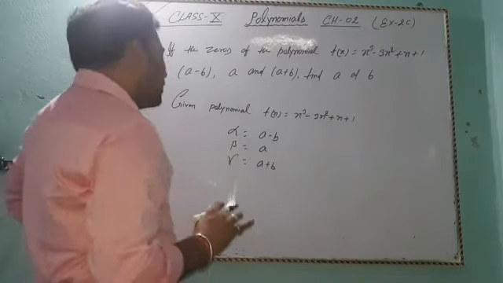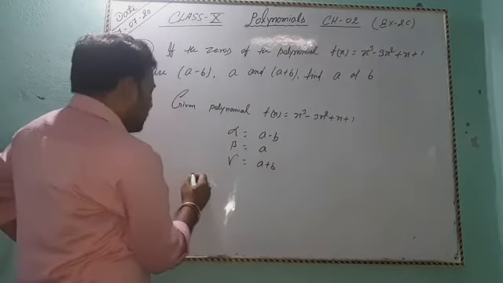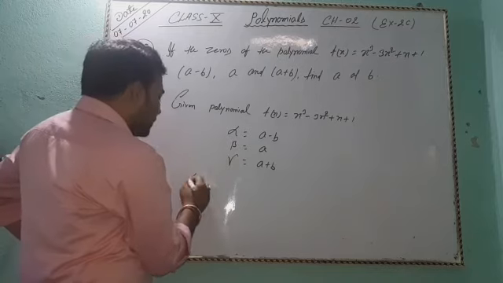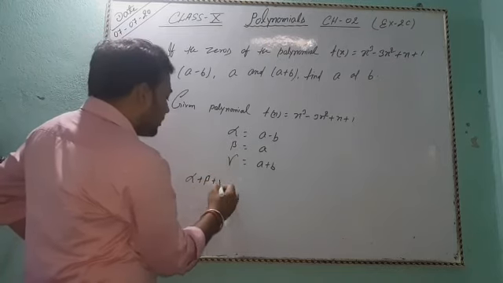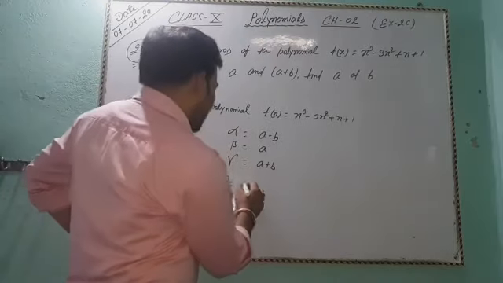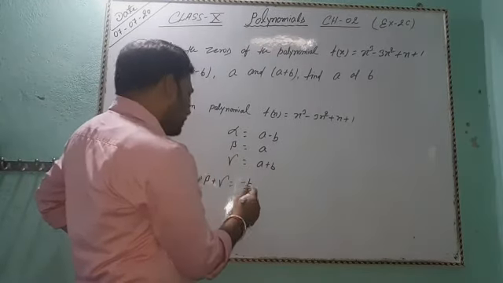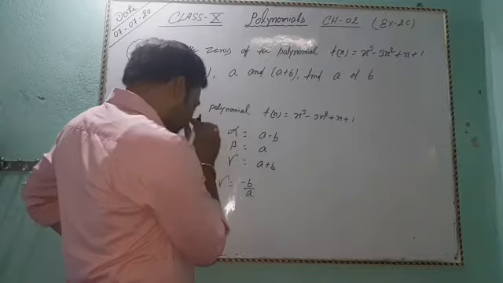So first of all, we find the sum of the zeros of this cubic polynomial. So sum of the zeros, it means alpha plus beta plus gamma equal to minus b by a.